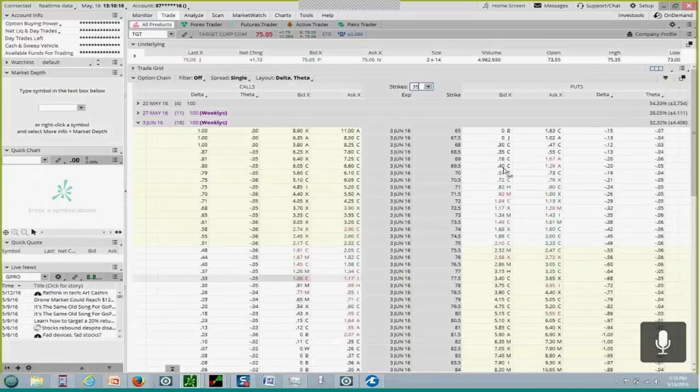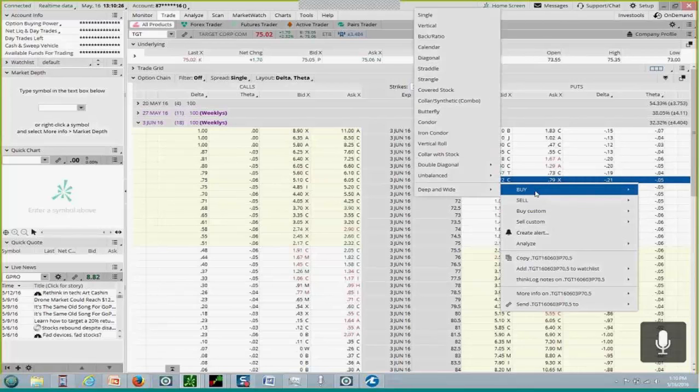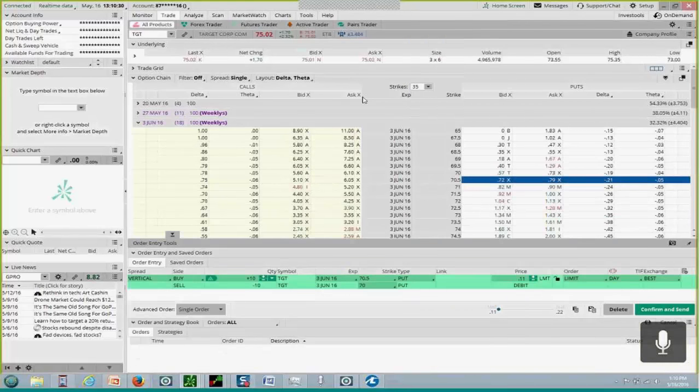If I right mouse click and say that I want to buy a vertical, for now, just buy and sell 10. It says buying the 70.50s, selling the 67.50. It's telling me that it's going to cost me about 25 cents to put this trade on.